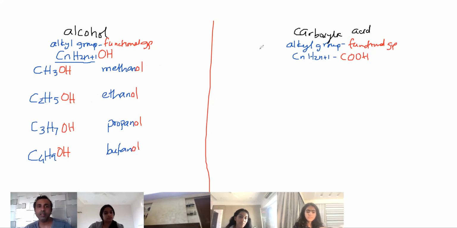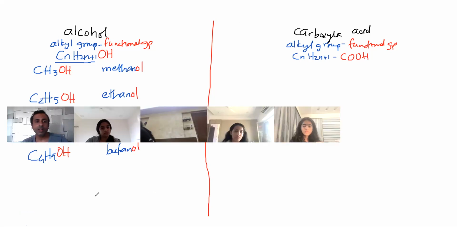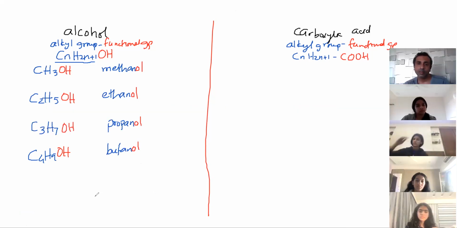Now exactly the same thing, or a similar thing, we'll do for carboxylic acids. We'll start backward. We'll start the carboxylic acid with 4 carbon atoms.